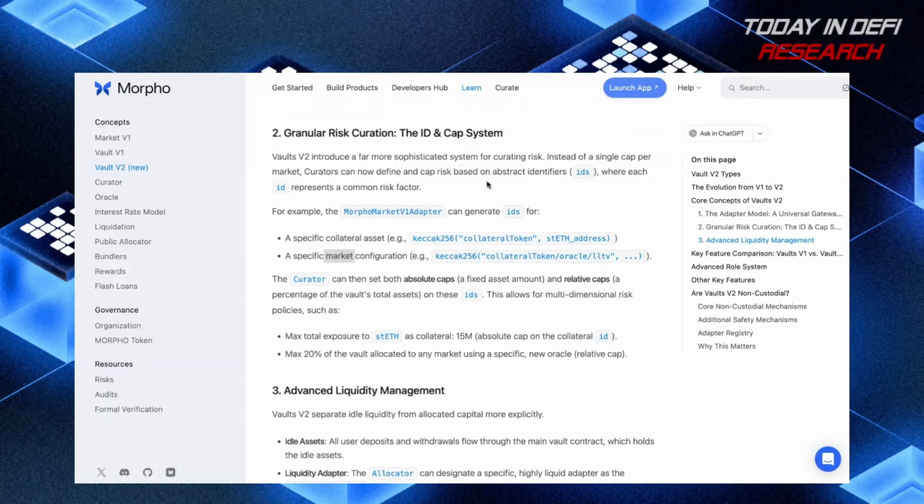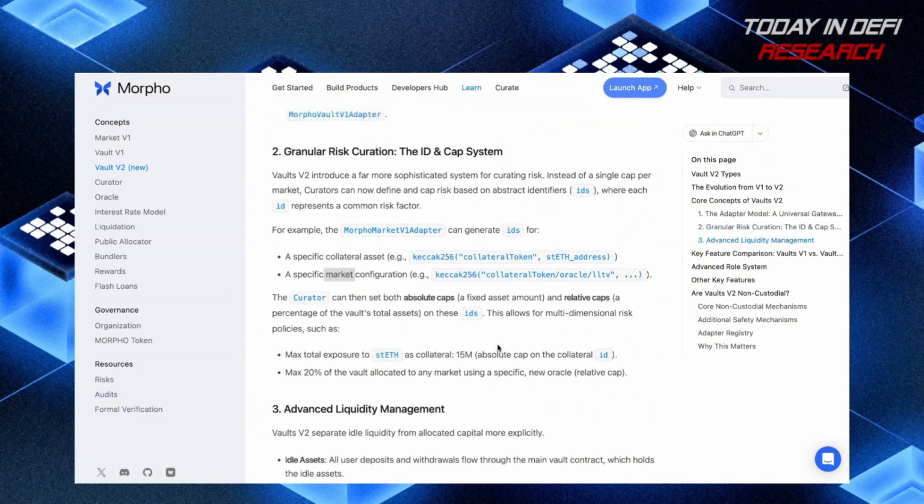It means the supply cap. For the rsETH LP on Curve, because I already have the collateral asset ID and the specific market curation ID, I can come up with a cap that the curator can allocate to these assets, and therefore keep the exposure under control based on both the collateral and the market exposure. That is what granular risk curation is about.